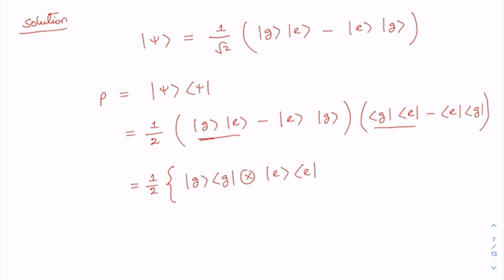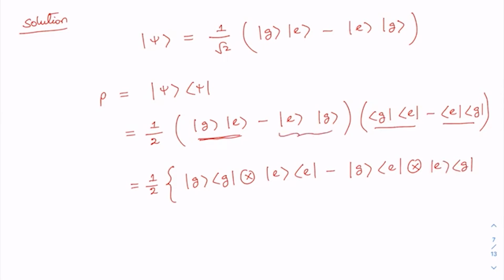Then this one with this one will give me |z⟩⟨e| tensor product with |e⟩⟨z|.